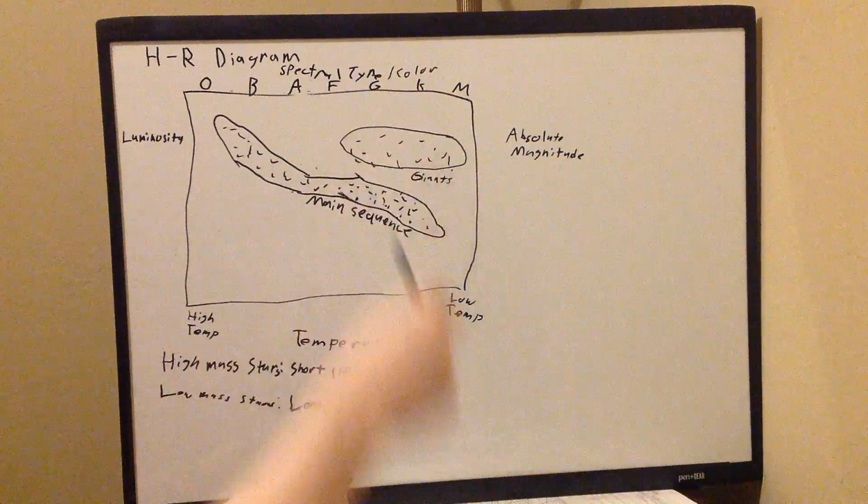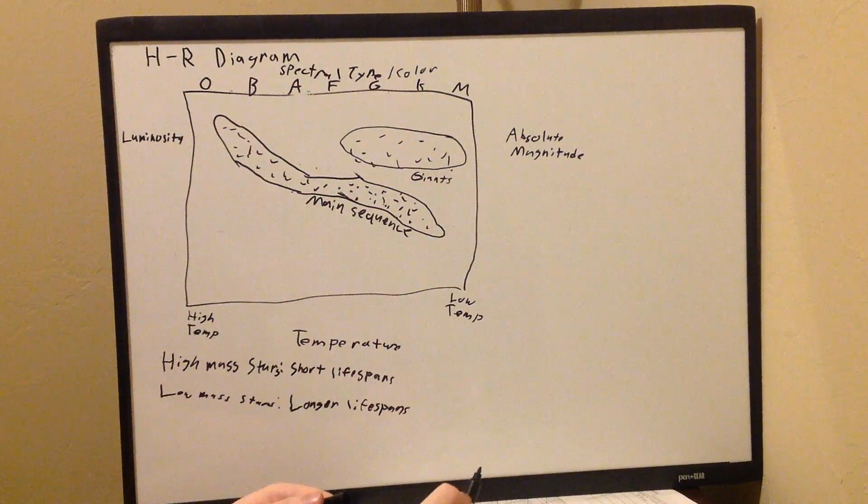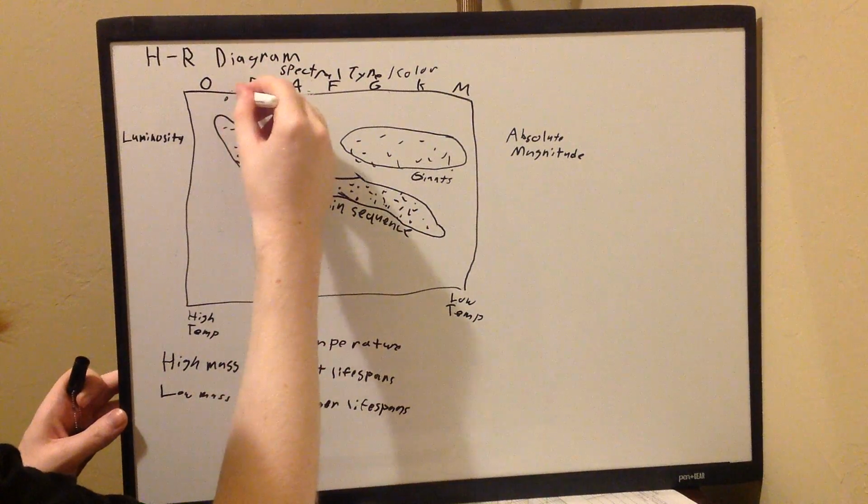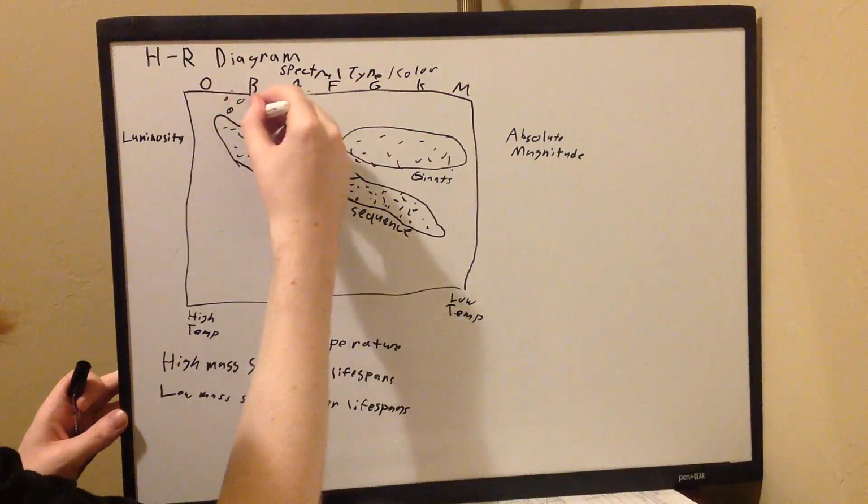So those are like the giants, like your red giants, some yellow giants, kind of normal giants. And then supergiants. Aren't a lot of them, but they're over here.